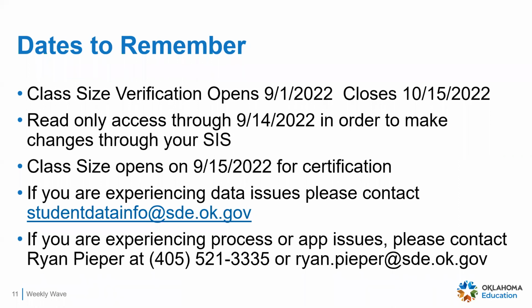And when you transcribe, if you don't have that one-to-one course section relationship with the concurrent classes, and then you just manually transcribe when grades come in, you would transcribe with the state code that is the closest to that content. It will work best for you in class size if your concurrent classes and your tech classes have actual course sections that correspond with what they're taking in your SIS.